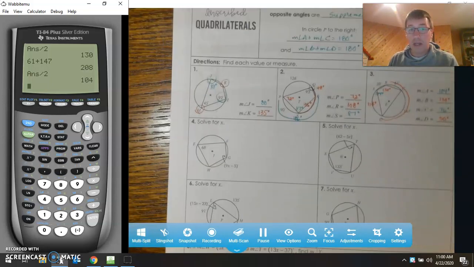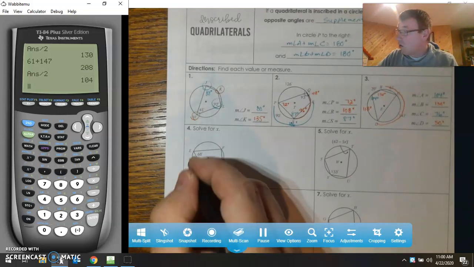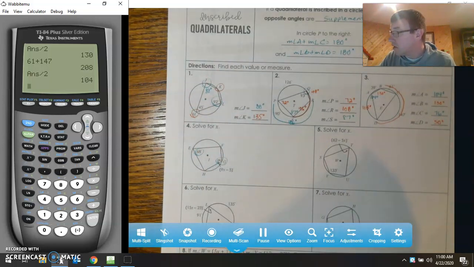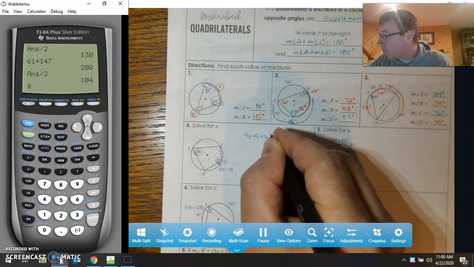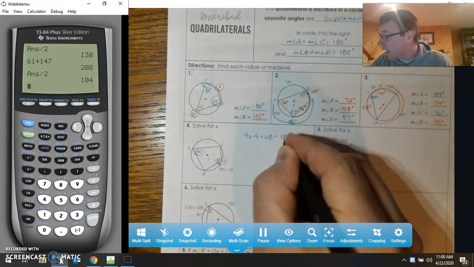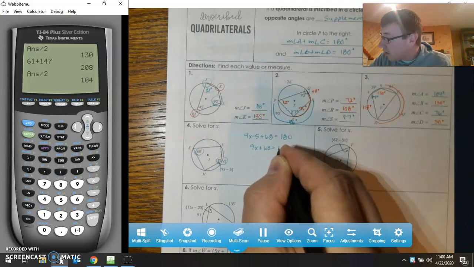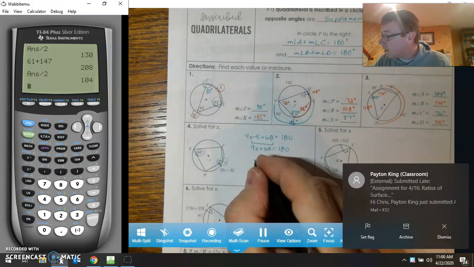Now, if we take a look at number 4, I know angle E and angle G are supplementary. So I know 9x minus 5 plus 68 equals 180, which means 9x plus 63 equals 180 when I combine negative 5 and 68.